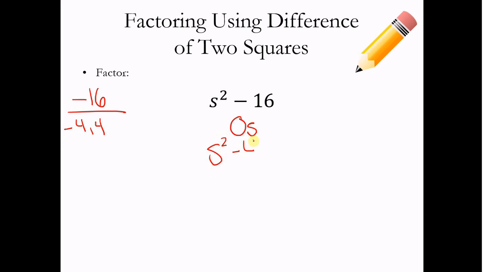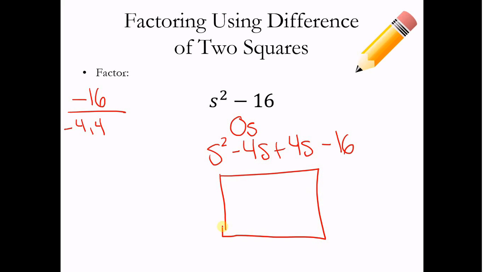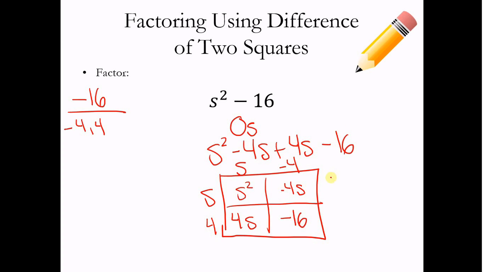S squared minus 4s plus 4s minus 16. Let's box that. Okay, s squared minus 4s, positive 4s, negative 16. Fill in our outsides here. So we're going to have s minus 4, s plus 4.